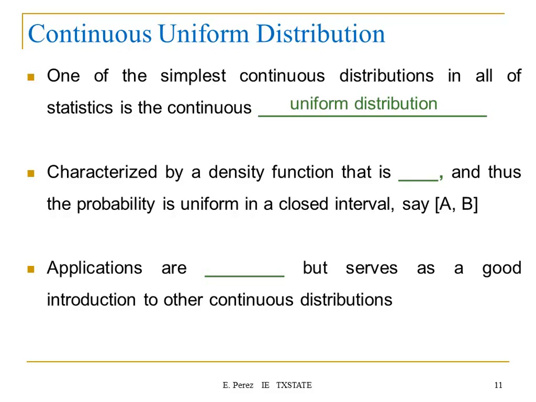Okay, and it is characterized by a density function that is flat, and thus the probability is uniform in a closed interval. So what you're going to have is just a flat line within an interval from A to B. And again, the applications are limited, but serve as a good introduction to other continuous probability distributions.